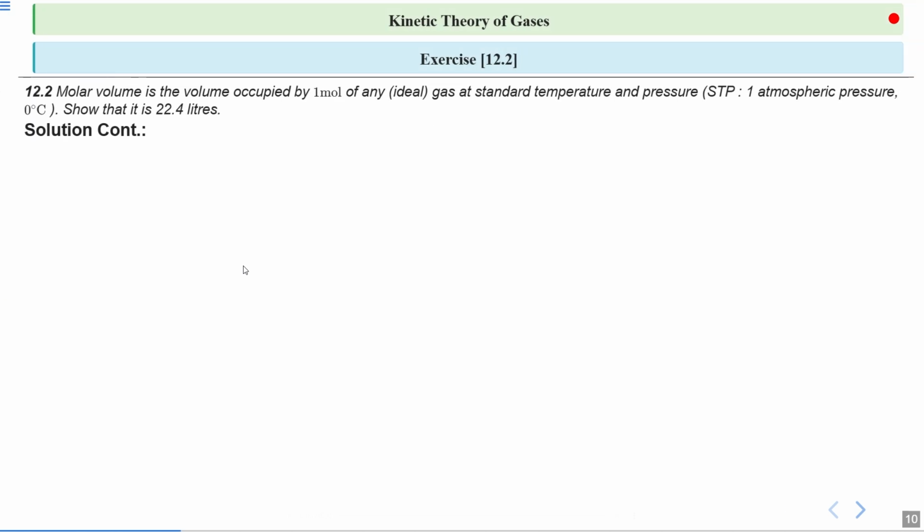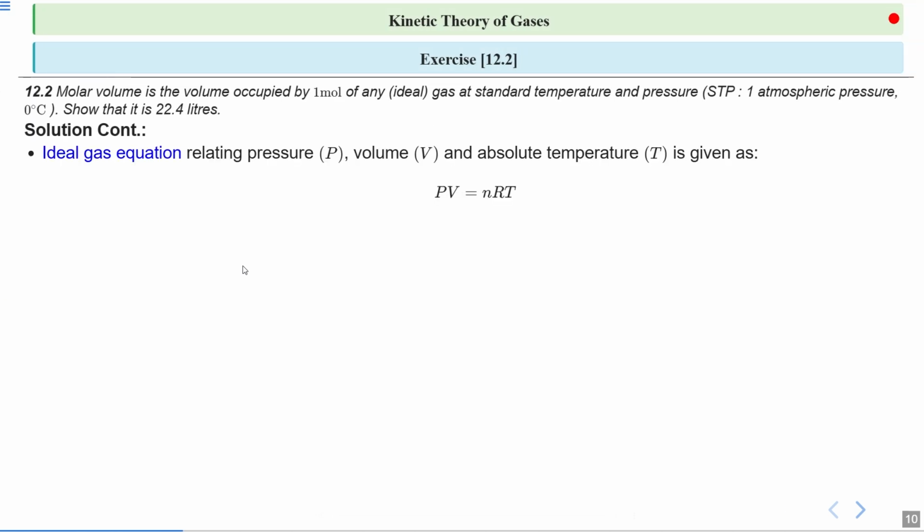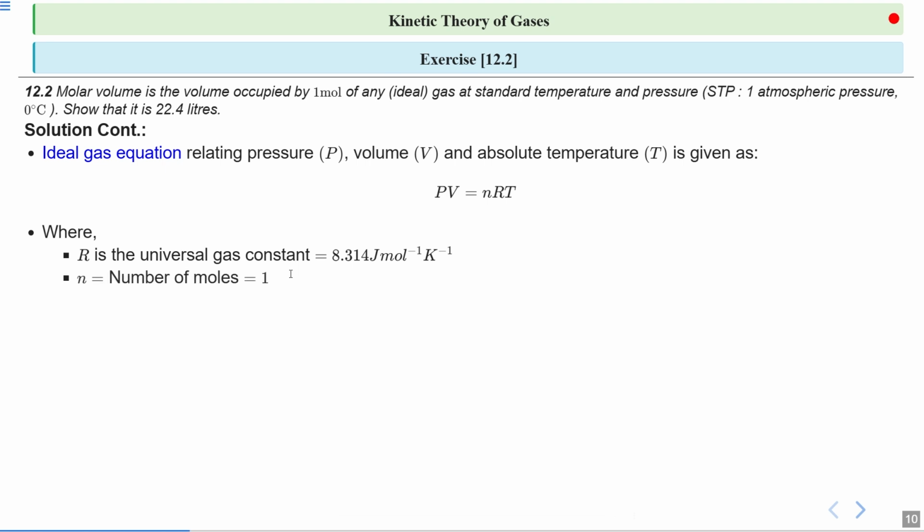So, ideal gas equation relating pressure P, volume V and temperature T is given as PV equal to nRT. This equation helps us relate these variables to each other, where universal gas constant R is equal to 8.314 joule per mole per Kelvin, n equal to number of moles, which is equal to 1.